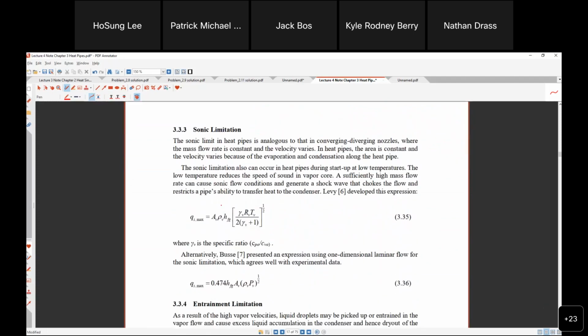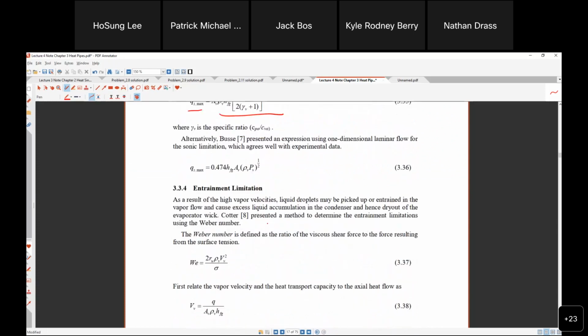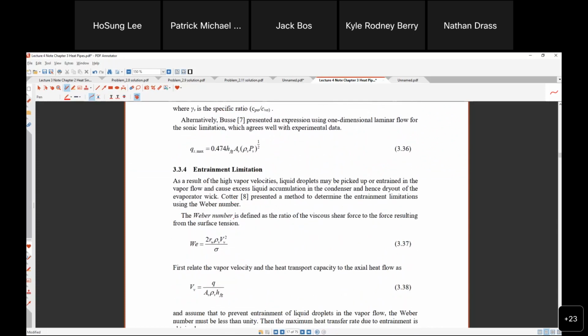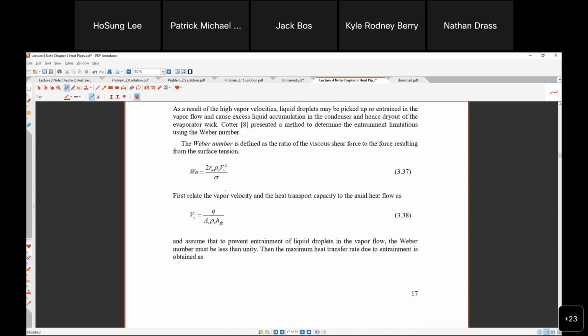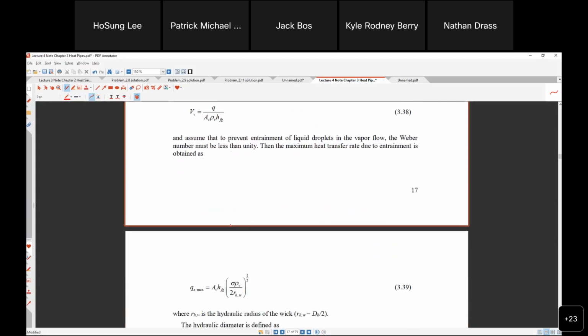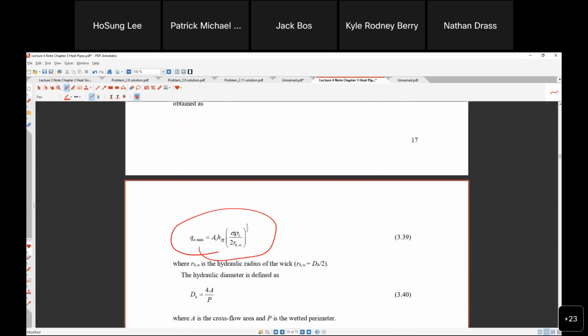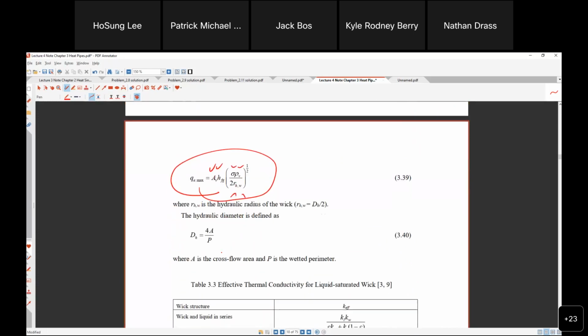And then sonic maximum, you can use it. And entrainment maximum, just use it. As long as you figure out all of this, you can figure it out.